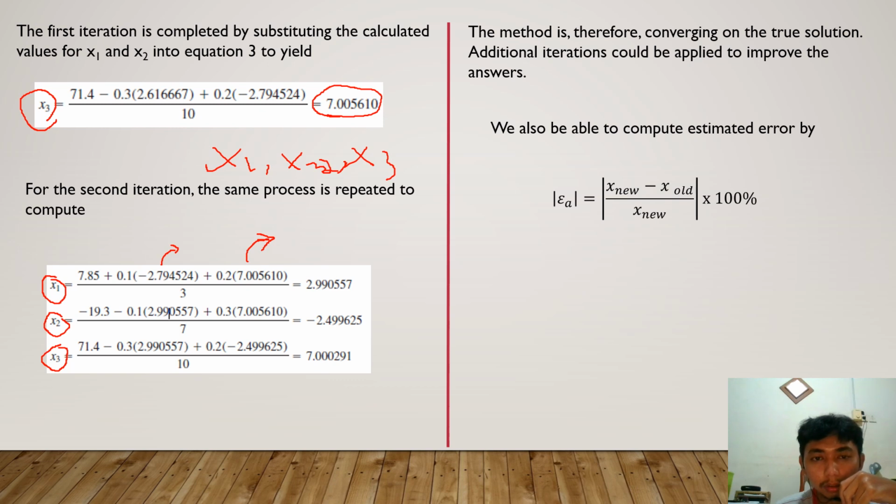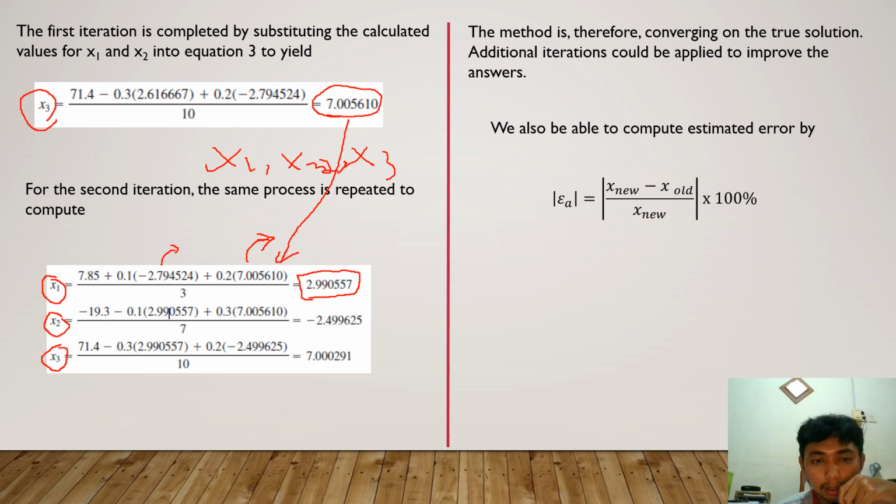They are new values. For example, x3 is 7.005610, and x2 is minus 2.79 and so on, which we obtained from the first iteration, and we obtain this value, 2.9905, for the new x1.